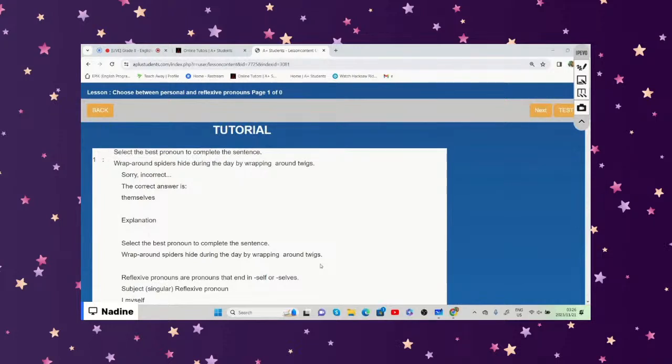Once again, we can say wraparound spiders refers to them or they. So we can say they hide during the day by wrapping themselves around twigs.